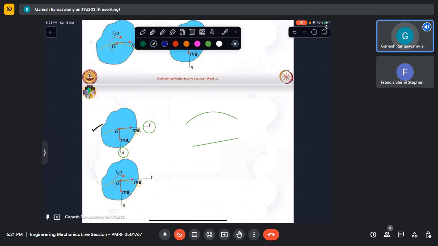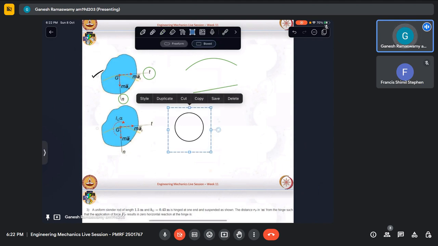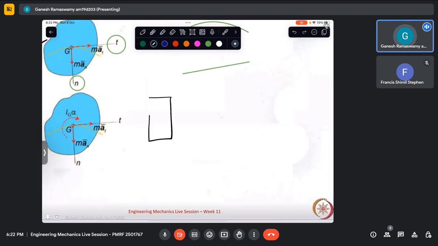No, no, no. What I meant is, let us say the body is like this. This is not a good example. Let me take the duster example that professor has discussed in the lecture.